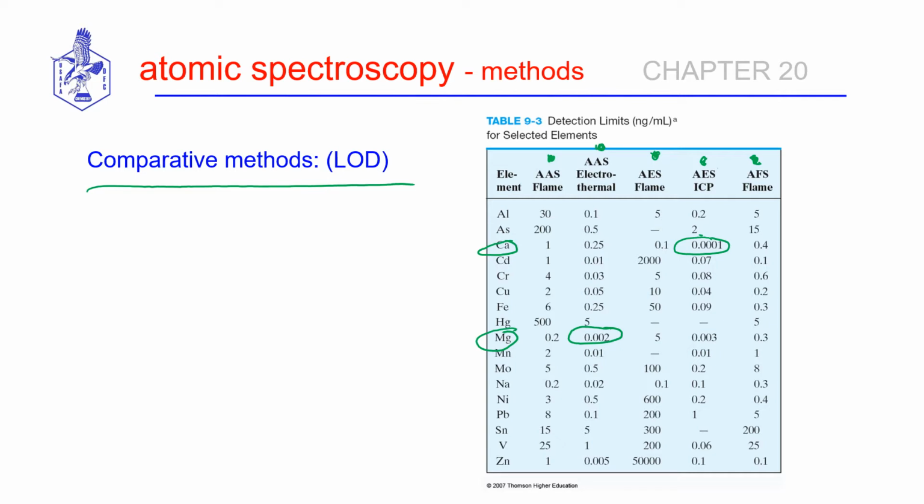So in consideration of that very important parameter, if we're doing trace analysis where the elemental species is present at very low concentrations, you want to give consideration to each element and each method if you have the option of choosing.